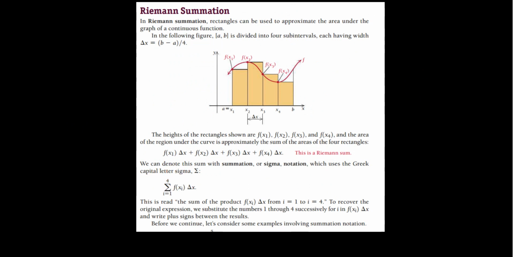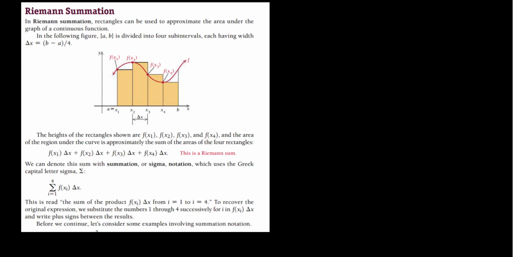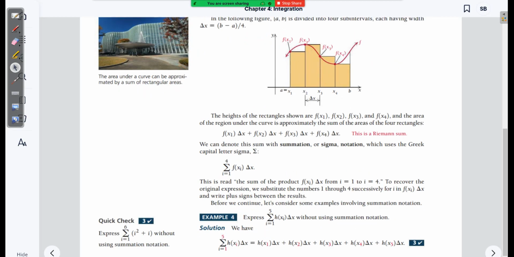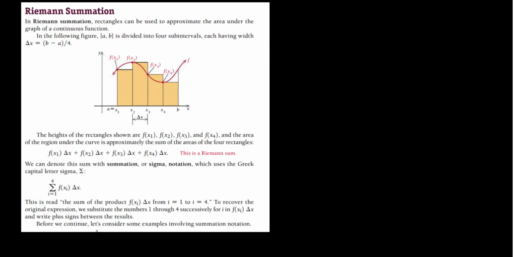Now, this notation is probably new to you, so let's go ahead and break it down a little bit before we continue. This 5 down here just corresponds with the next example.